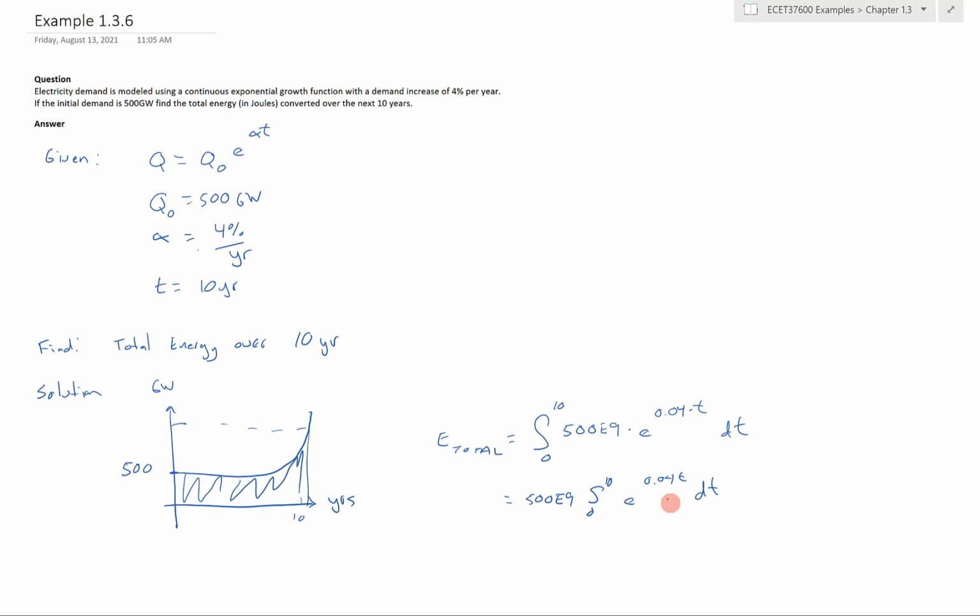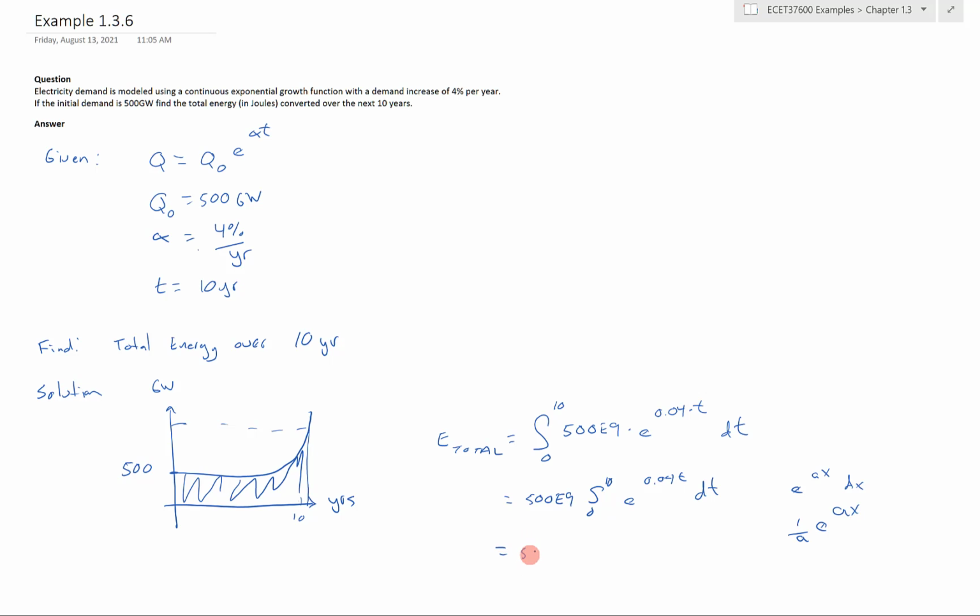Now we just have to know how to integrate e to the ax dx, and the answer to that's 1 over a e to the ax. So you look that up in a table of integrals, or maybe you just remember it from calculus, but that's the solution to that integral.